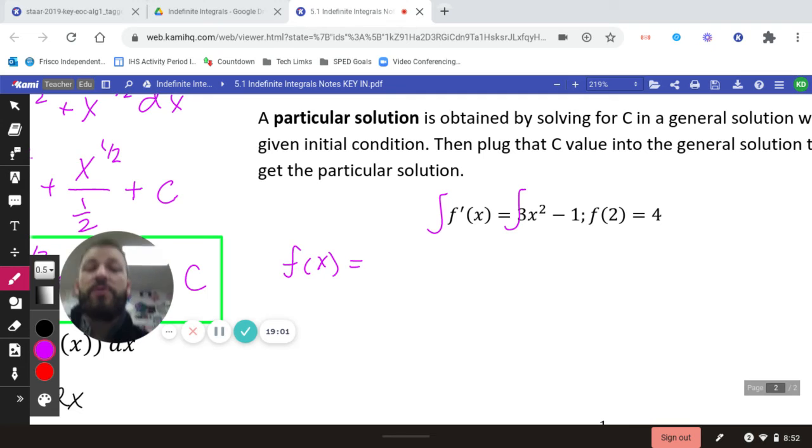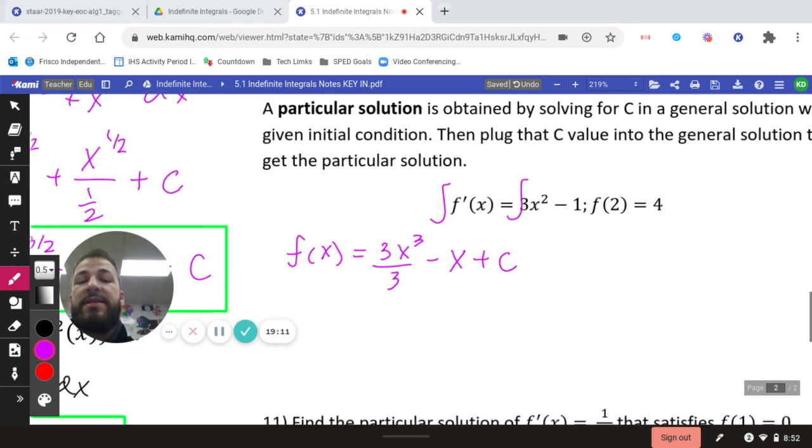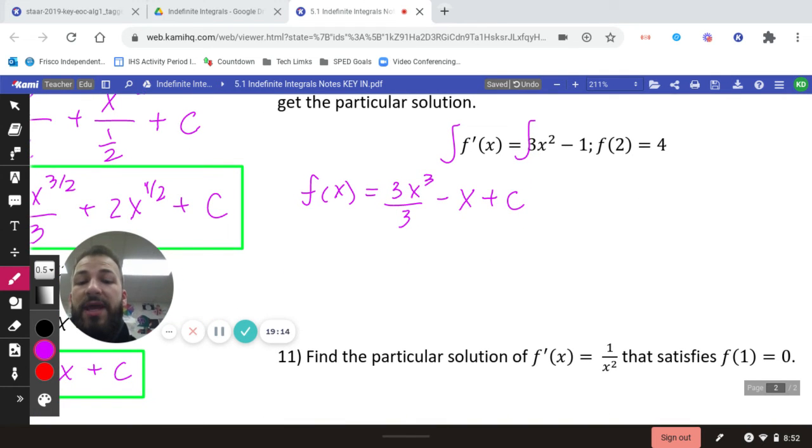And the integral of 3x squared minus 1, I'm going to do my integration rules. So that becomes 3x cubed over 3 minus x, and then plus c. And I can simplify that just a step further to make it f of x is equal to x cubed minus x plus c.